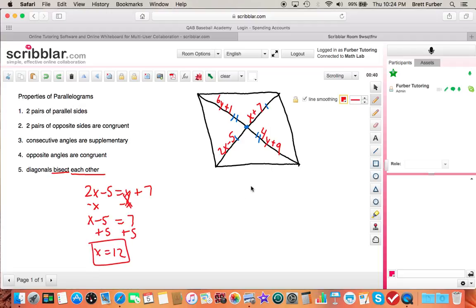They're not asking us to actually write the diagonals. They're just asking us to solve, okay, and find the variables. So we're not actually finding lengths of anything. And then I have to do the same thing over here. So 6y plus 1 equals 4y plus 9. And again, getting the variables on the same side.